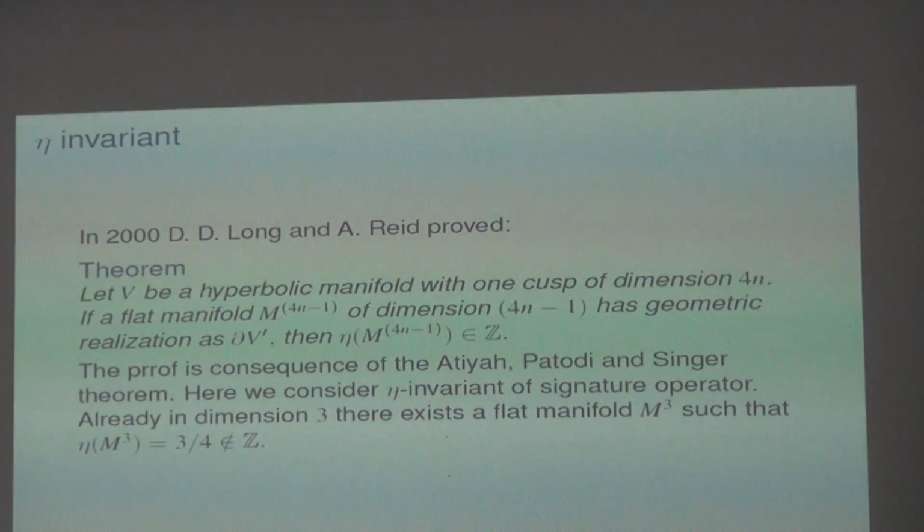That means that these three-dimensional flat manifolds have no realization as a cusp. And they use their formula for the calculation of this eta invariant given by Volker Neumann's student, where it is possible to calculate this eta invariant.